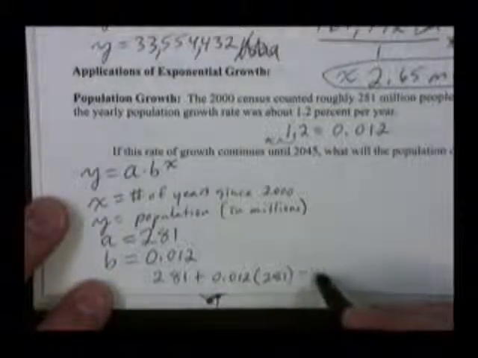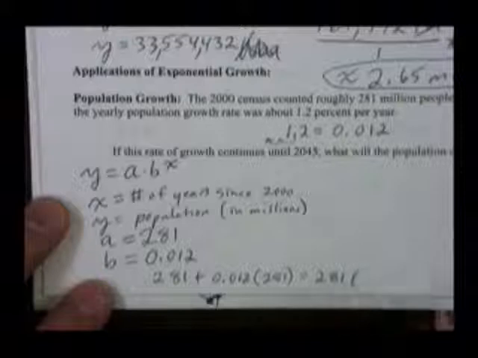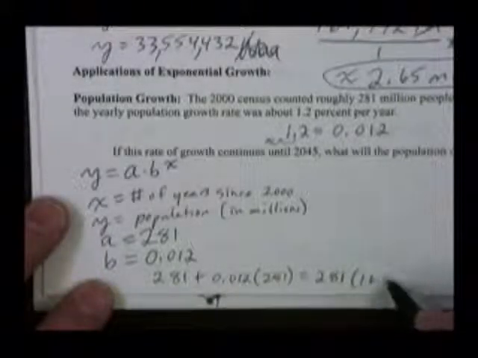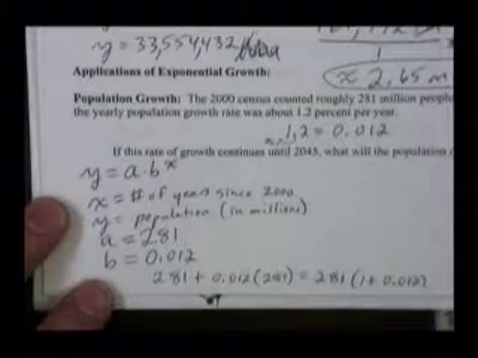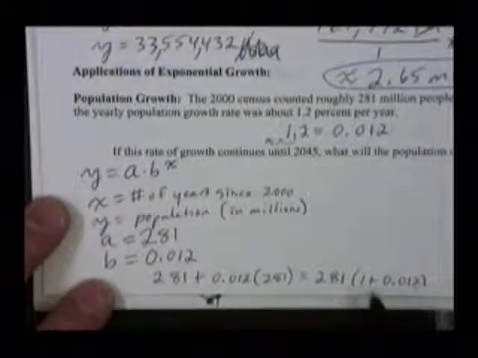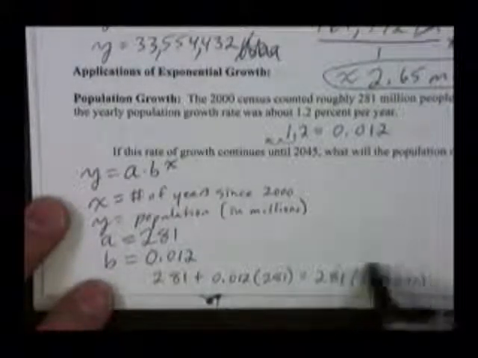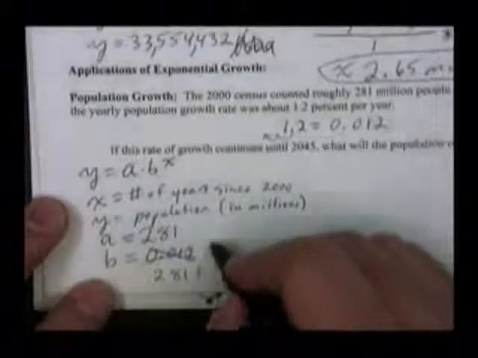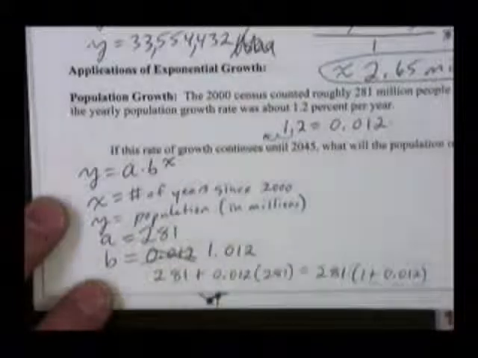So really, if we factor the 281 out, we get 281 times 1 plus another 1.2%. So we actually get 1.012, and this is our growth rate. So this percentage is not correct, and I want to use 1.012 instead.